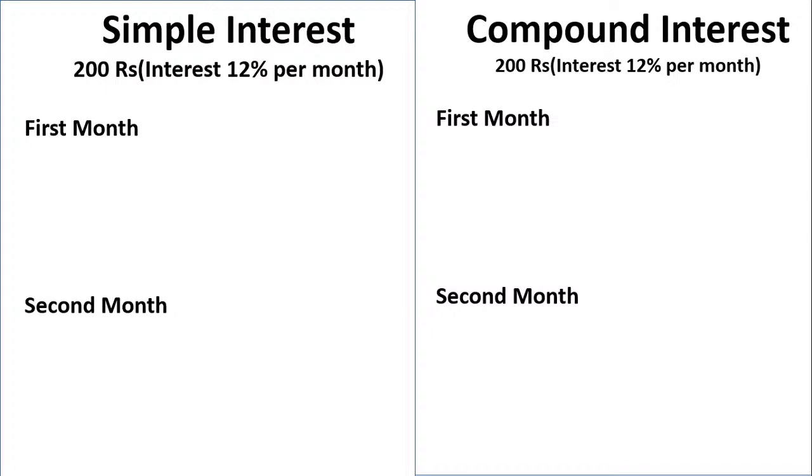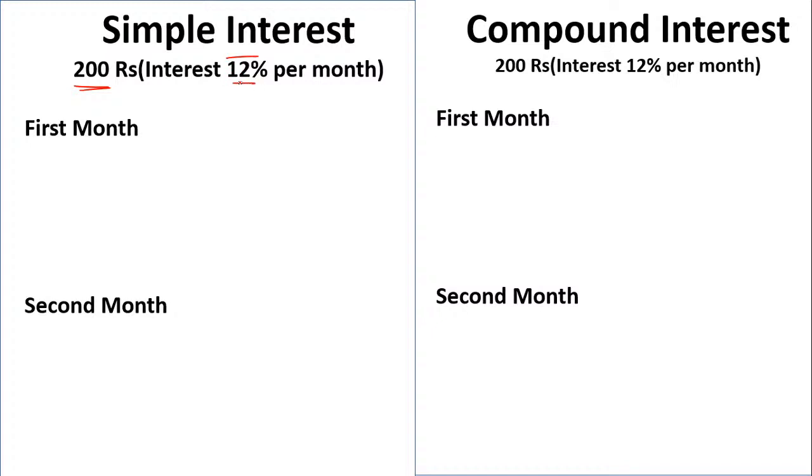So here, you talk about rupees 200. This sum of money you have invested through simple interest. And what is the rate of interest? It is 12% per month.